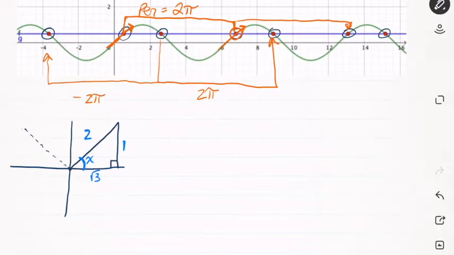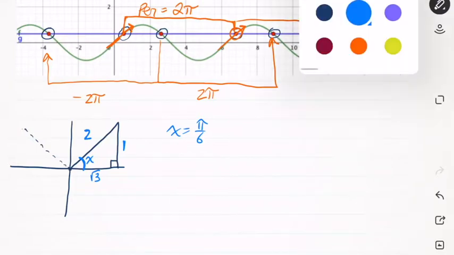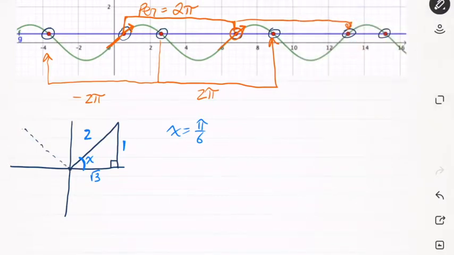That makes this x definitely equal to pi over 6, 30 degrees. So if this x is 30 degrees, then this one over here is also 30 degrees, pi over 6, as a reference angle. The only thing we need to measure is how far it is from here to here to come up with the answer for x.